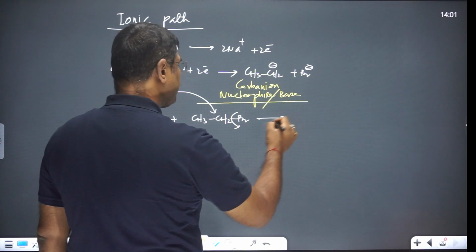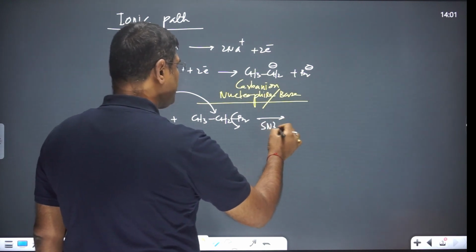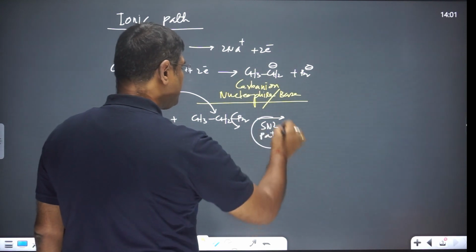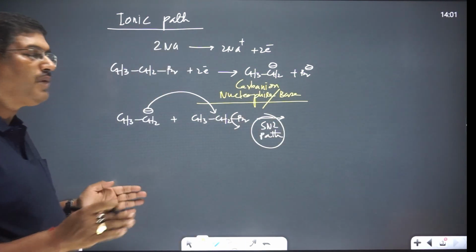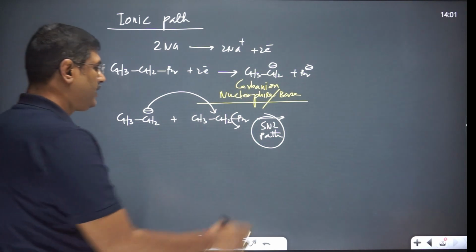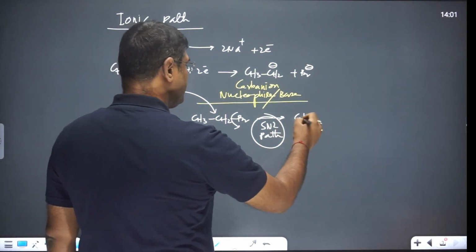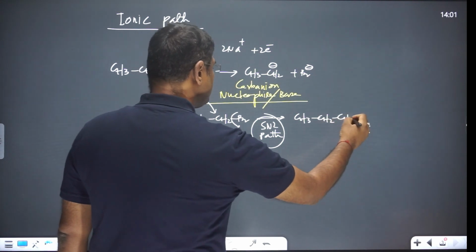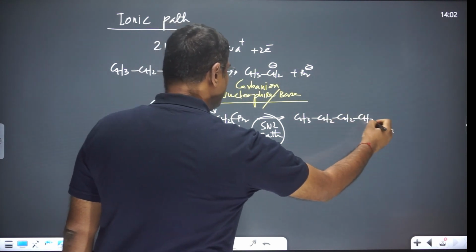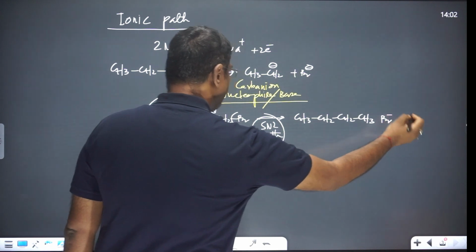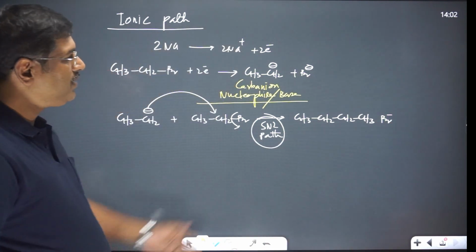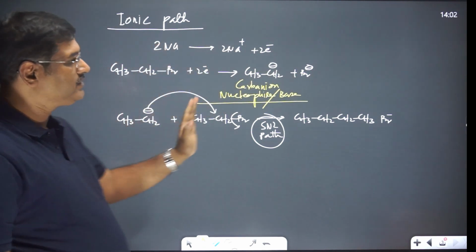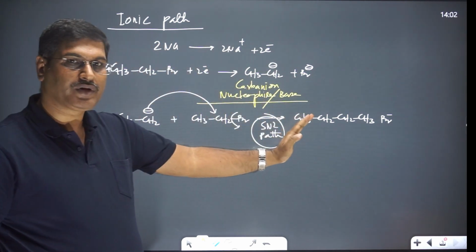This is perfectly the SN2 path of the reaction. As a result, we get CH3CH2CH2CH3 and Br minus, forming 2NaBr, and this is the main product here.